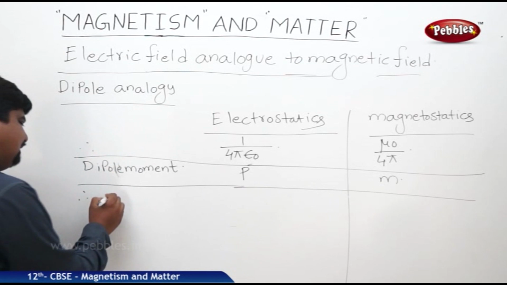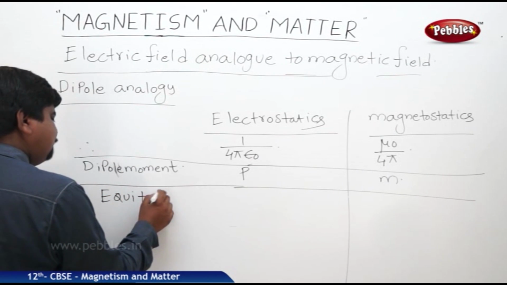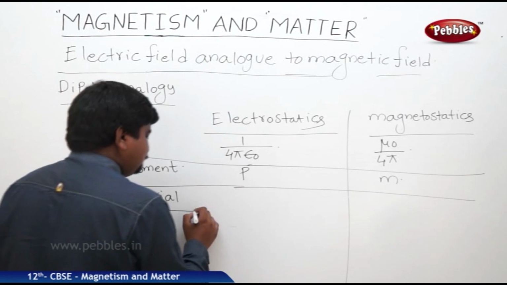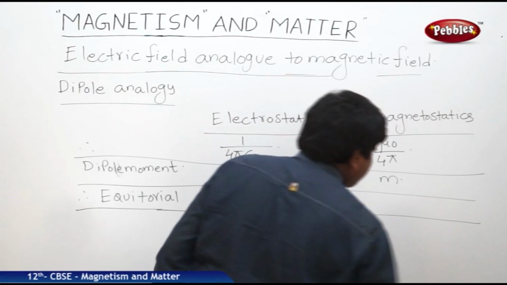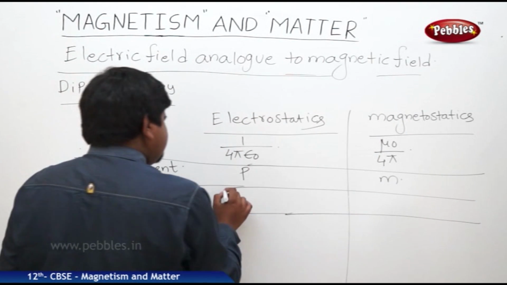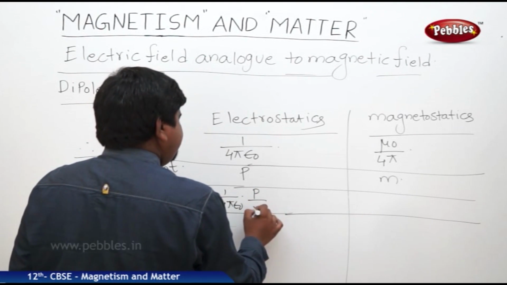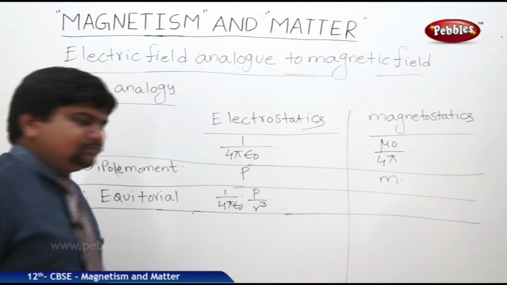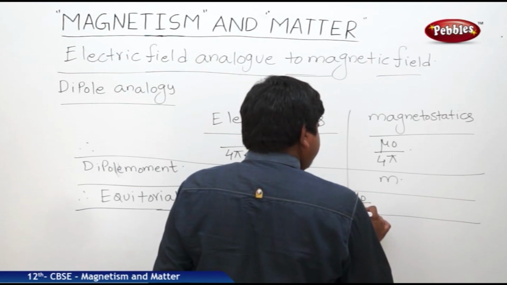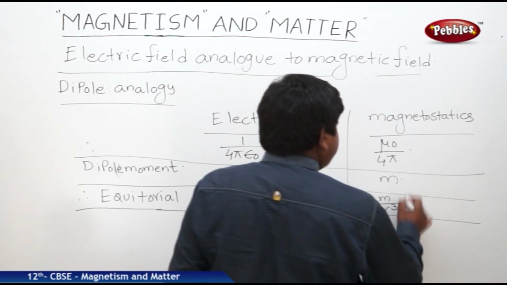The field at the equatorial plane with respect to the dipole: in electrostatics, it is 1 by 4 pi epsilon naught into p by r cube. Magnetostatics, mu naught by 4 pi into m by r cube.